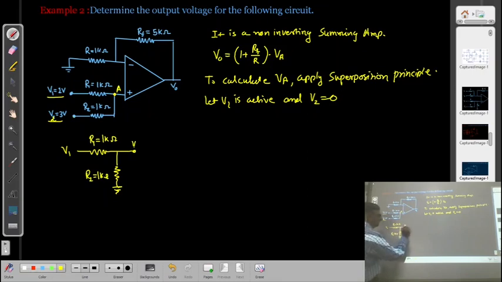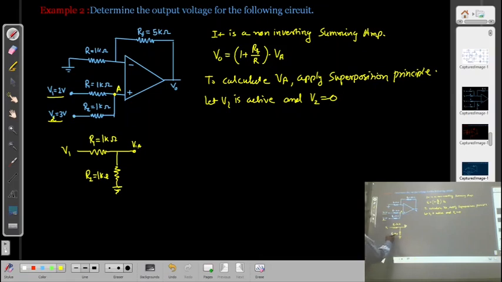we will find out what is the V1A. Correct? Now, this is again a kind of simple potential divider circuit.